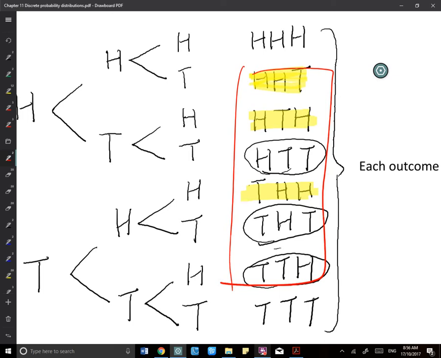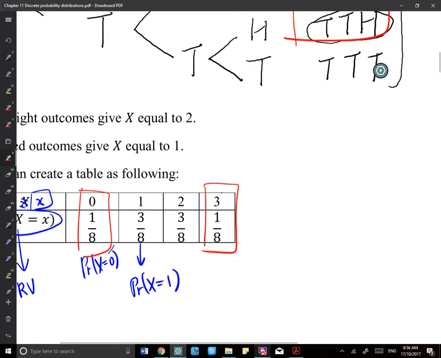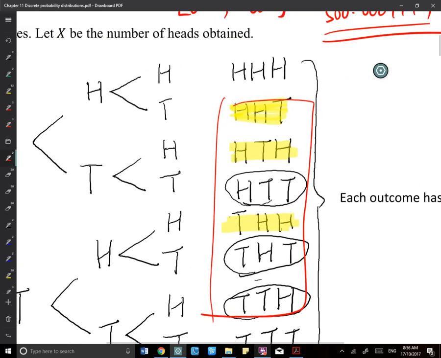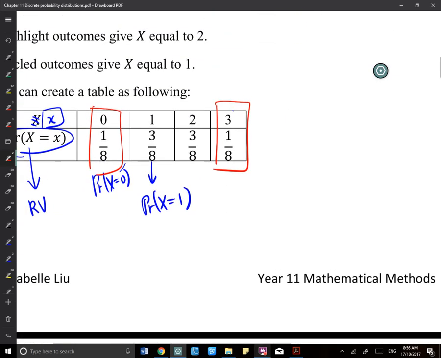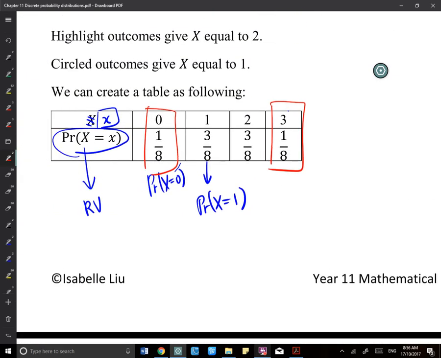There are 3 cases of that kind, and each of them is 1 on 8. Similarly, the ones I circled only have 1 head. 3 of those cases contain 1 head only. So again, 3 on 8 for the probability to achieve 1 head. So that's how this table has been made.